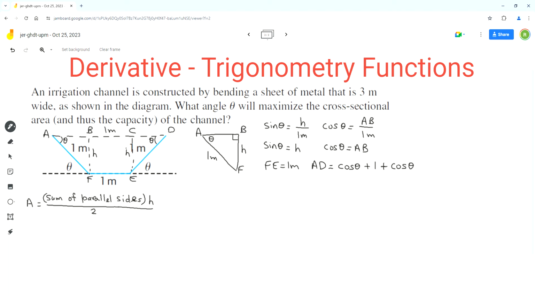Now we can combine like terms: cos theta plus cos theta is equal to 2 cos theta. These are the expressions we can input in the area formula for the trapezoid.